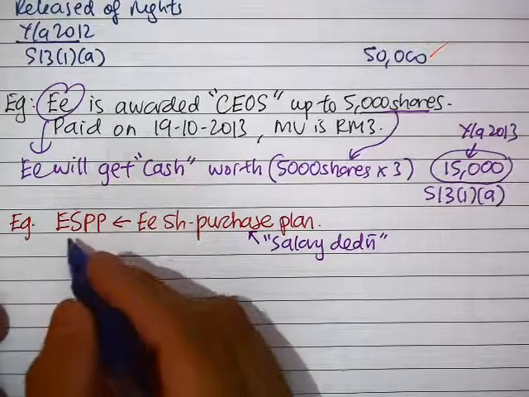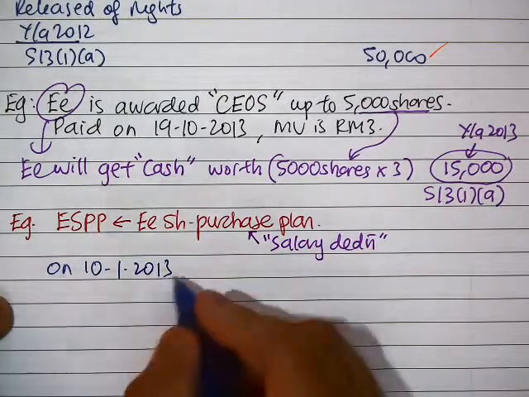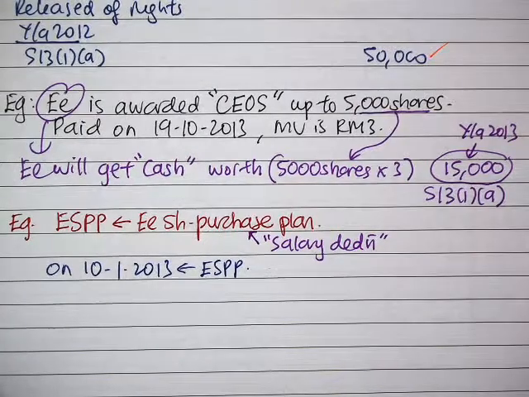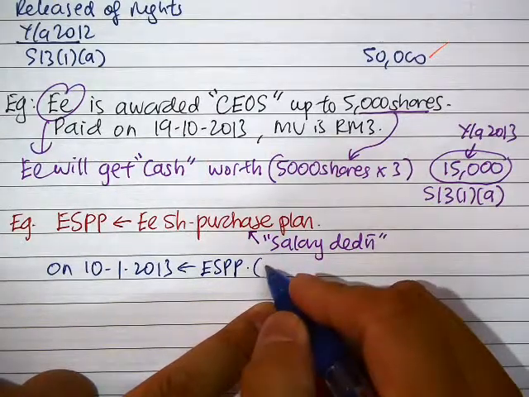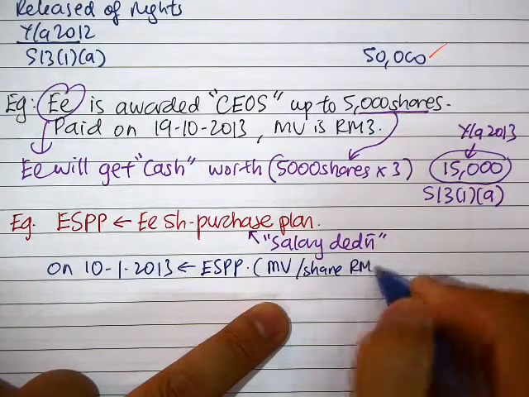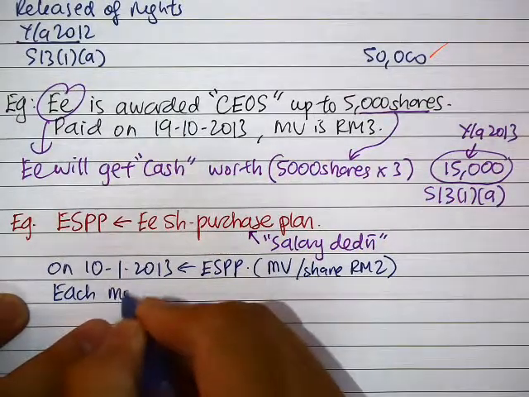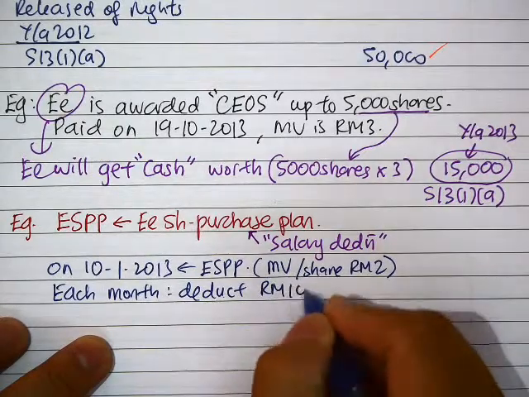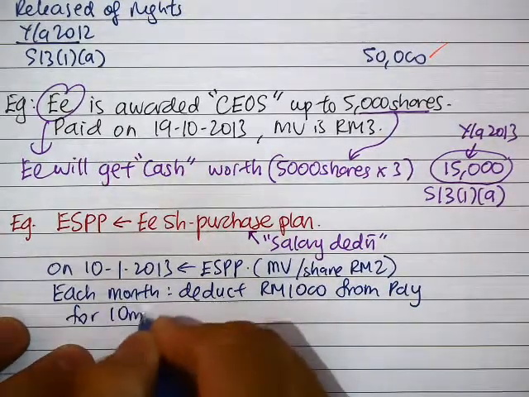Now let's say for example, on the 10th of January 2013, you have been given ESPP. Now, it's not relevant, but I just want to put it down so that you can compare. Let's say at that time, the market value per share is 2 ringgit. Now, each month we will deduct, let's say, 1,000 from your pay for 10 months.